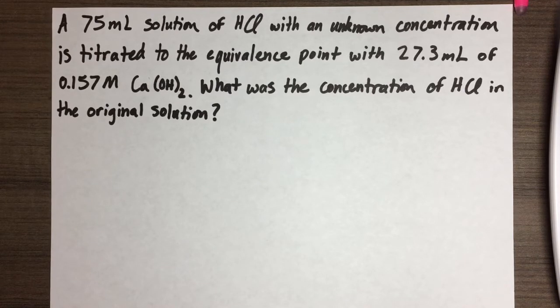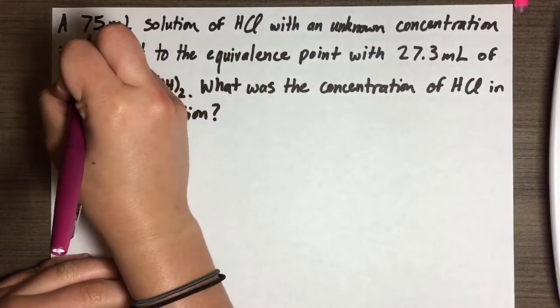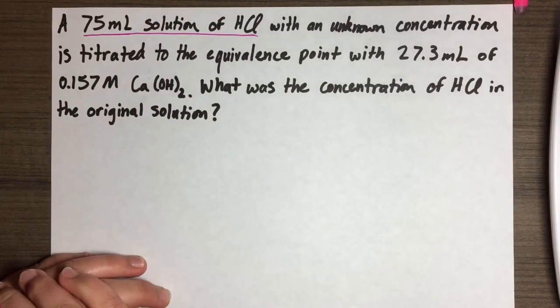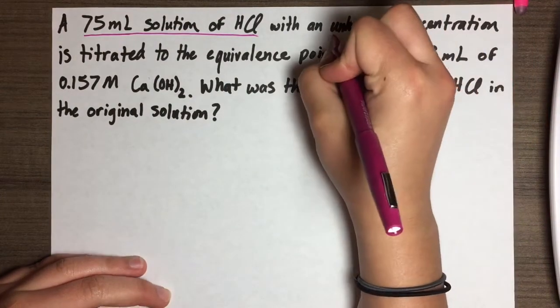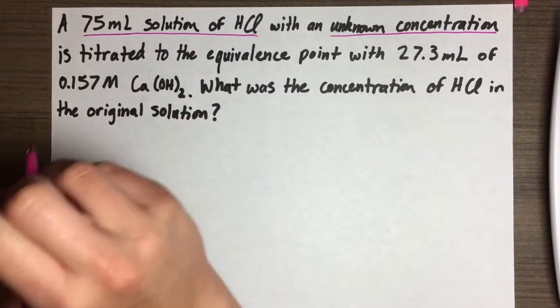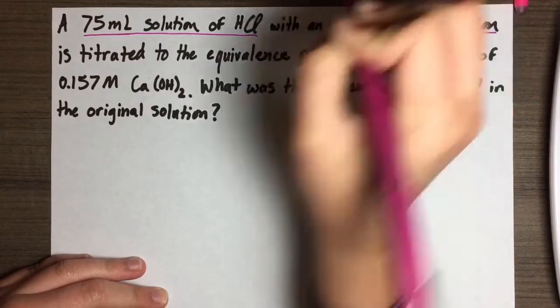Okay, so first we're going to underline what is given to us and separate some important components of the problem. So we're given a 75 milliliter solution of hydrochloric acid, and we have an unknown concentration of that solution. So we do not know the molarity.